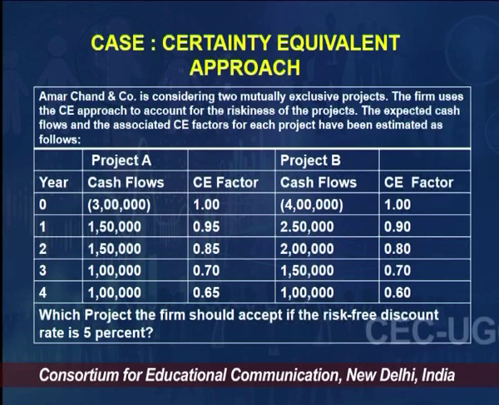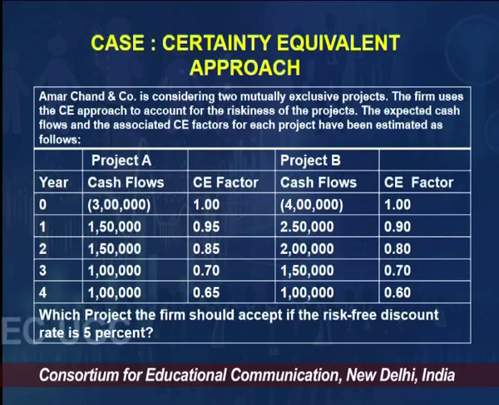And the certainty equivalent factor is given here. For today it is 1 because it is certain that I will be spending 3 lakhs, 0 period. Then it is 0.95, 0.85, 0.70, 0.65, which means 95%, 85%, 70%, 65%. Okay, that is the CE factor for project A. Project B has an outlay of 4 lakhs and it is expected to receive 2,50,000 in the first year, 2 lakh in the second year, 1,50,000 in the third year, 1 lakh in the fourth year.